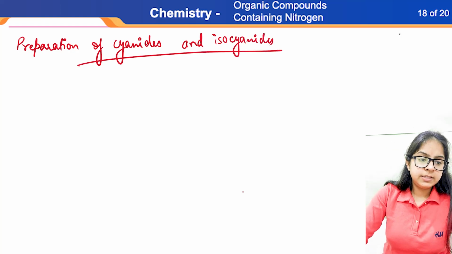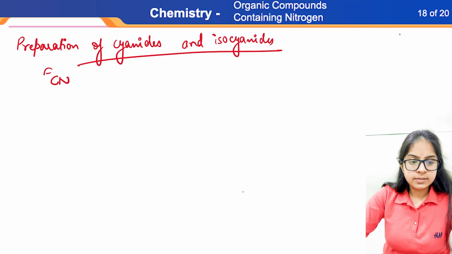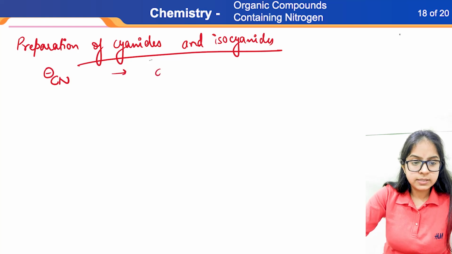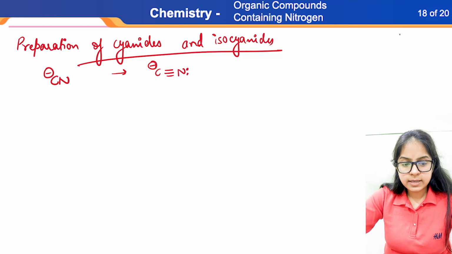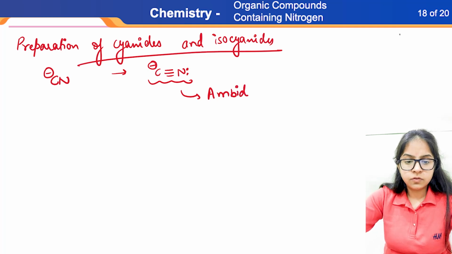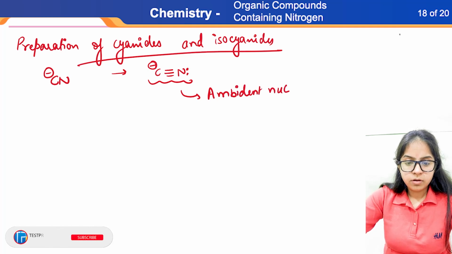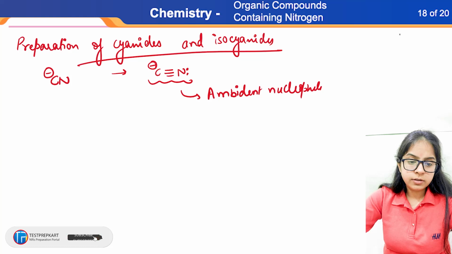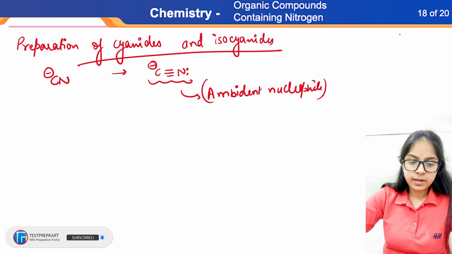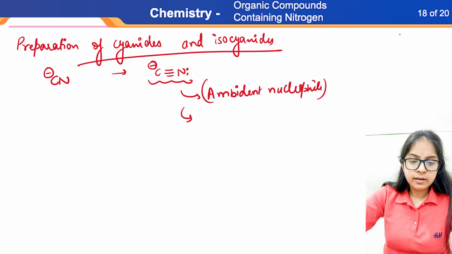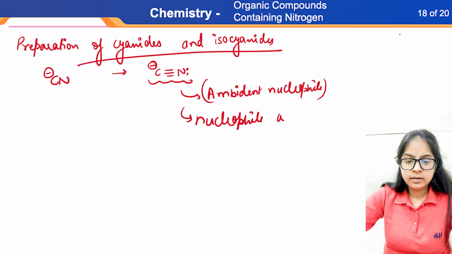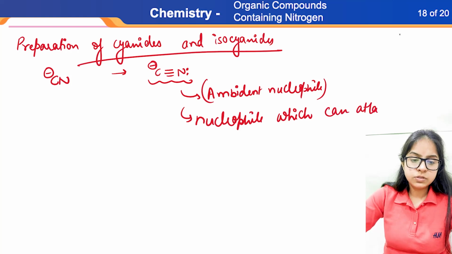You need to remember this CN negative: on the carbon a negative charge is there, and on nitrogen we have a lone pair. So this is an ambident nucleophile. Ambident nucleophile, what does that mean? An ambident nucleophile means a nucleophile which can attack through two sites.